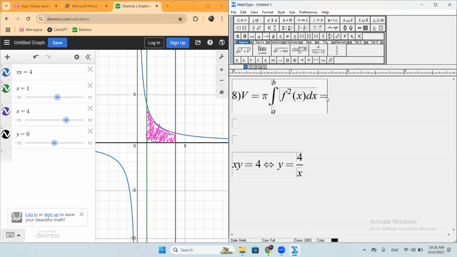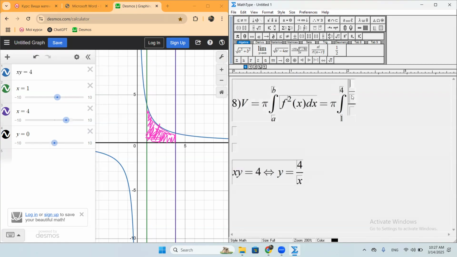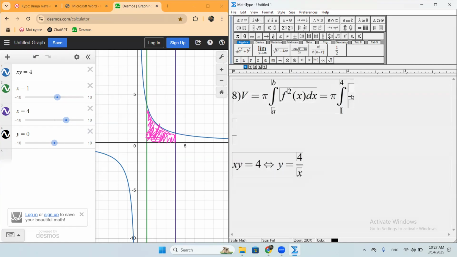And the bounds of integration are 1 and 4. So we integrate from 1 to 4 the following expression: 16 over x squared dx. No, dx is not in the denominator.